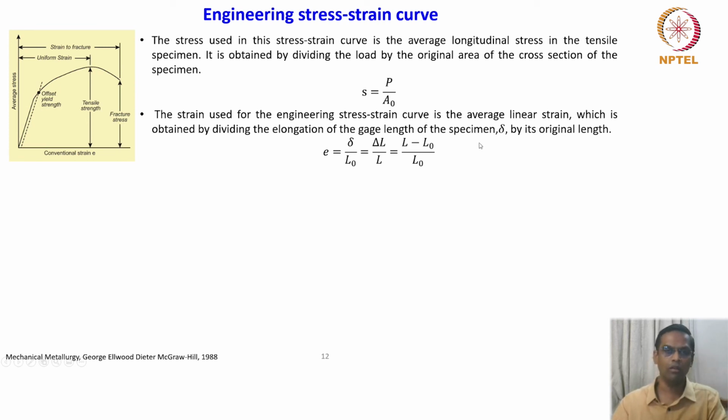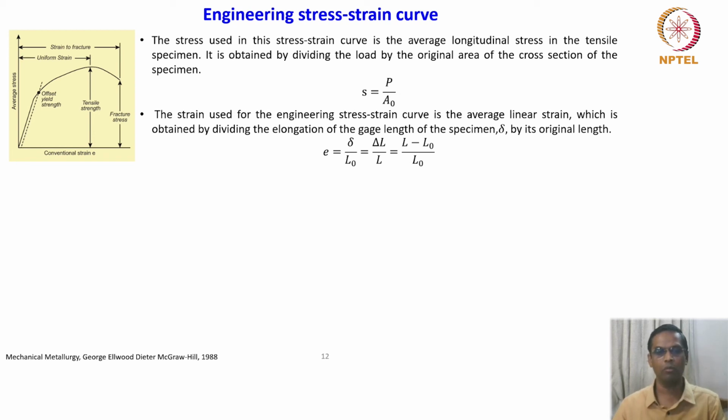If you recall, when we introduced the stress strain in the elasticity, there also I used the same terminology, average strain and average stress. So you have to now see that we are talking about a bulk property. You have to connect what is a strict definition of a strain and a stress.